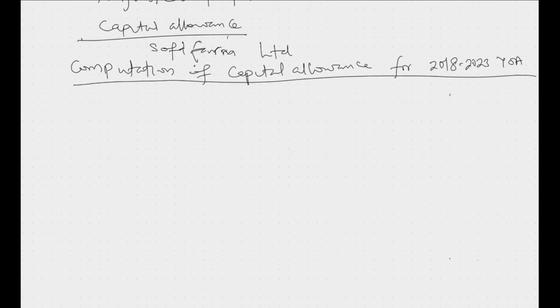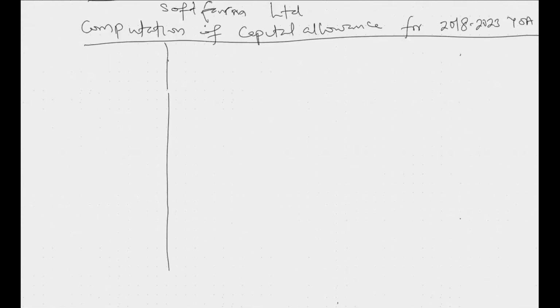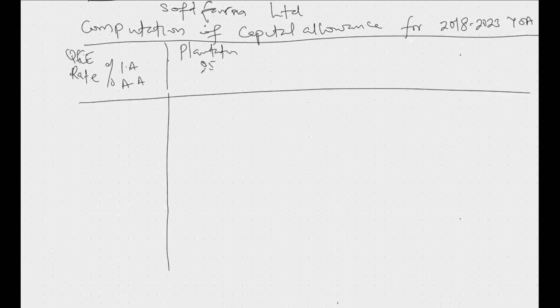Plantation has 95% as initial allowance and dash as other allowance.